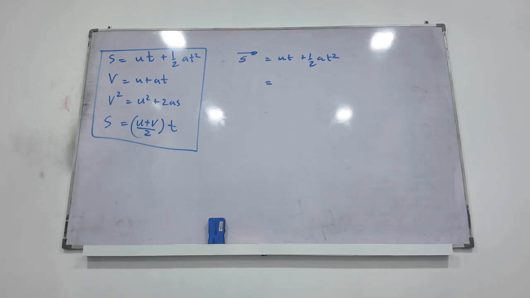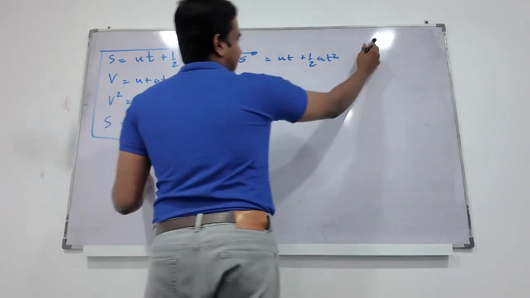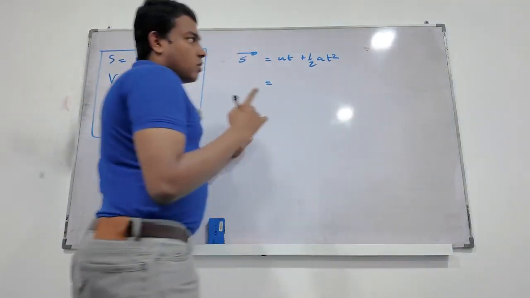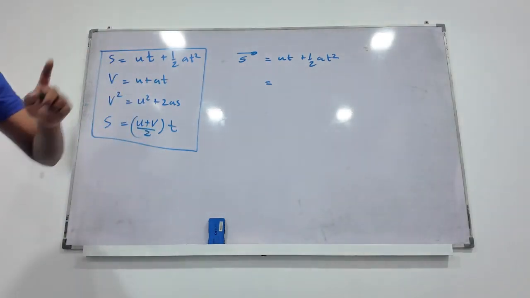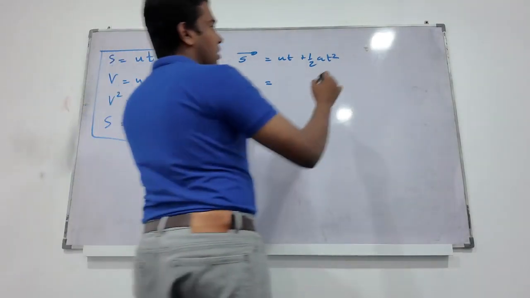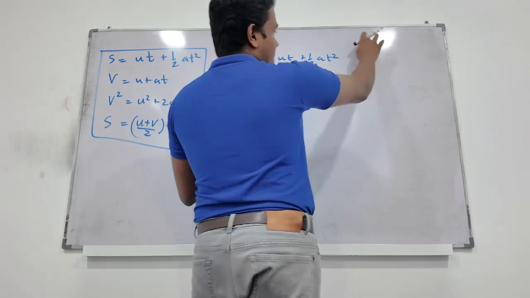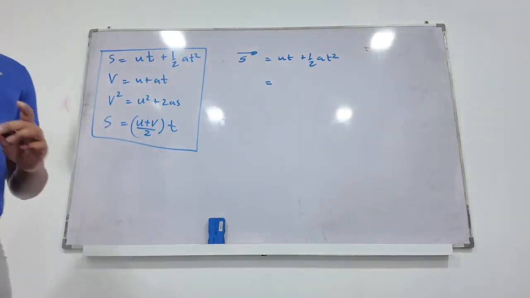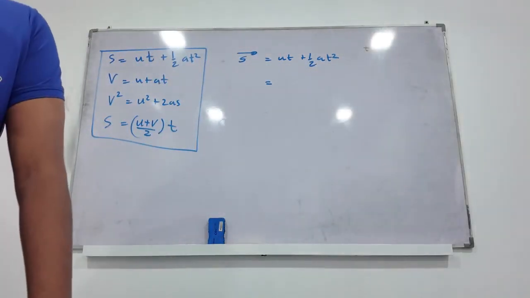S equals ut plus half at squared. So how do we use this equation here? We have to assume the total time taken is t. For what is this total time taken? For both the cars, the total time taken for car B to finish is t. So what are they saying in the question?